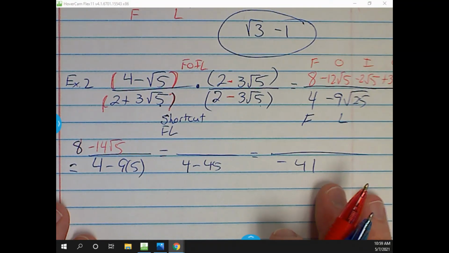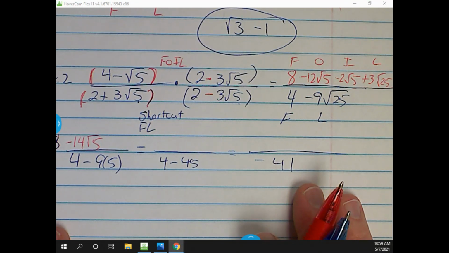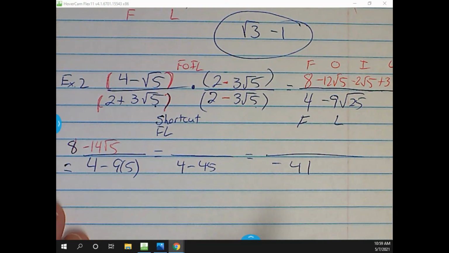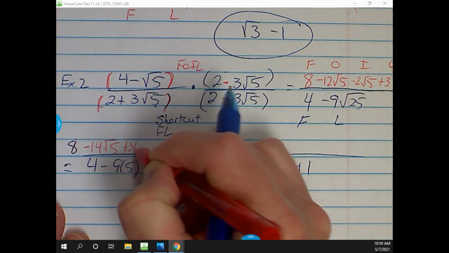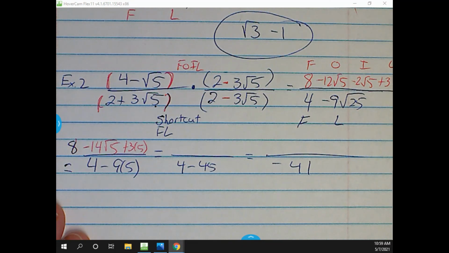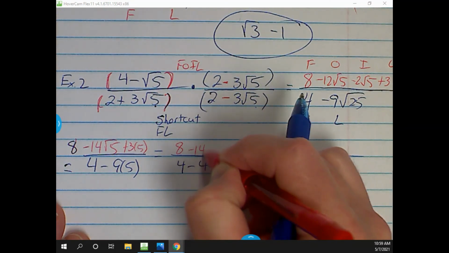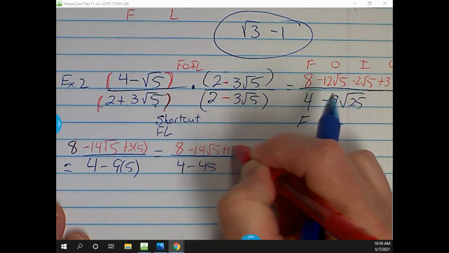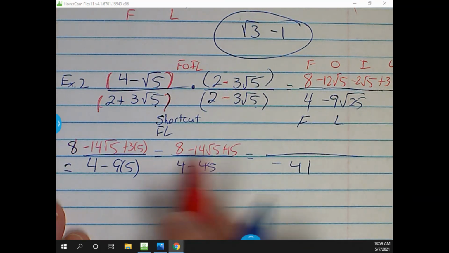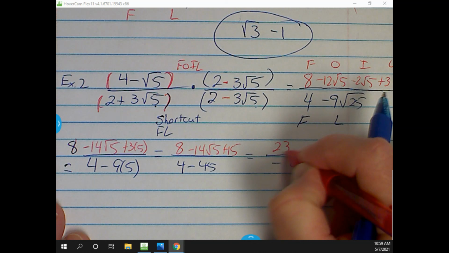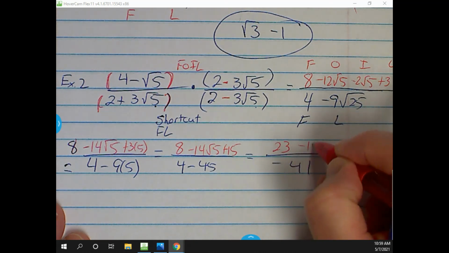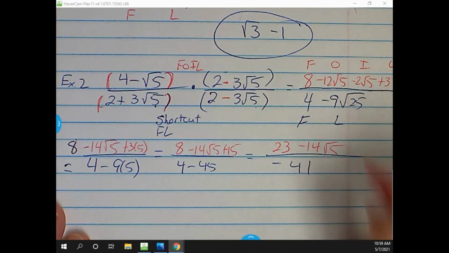And then the last piece at the end, we've got 3 times square root of 25. Well, that's 3 times 5. So that's 8 minus 14 square root of 5 plus 15. And then 8 plus 15 would make that 23 minus 14 square root of 5.